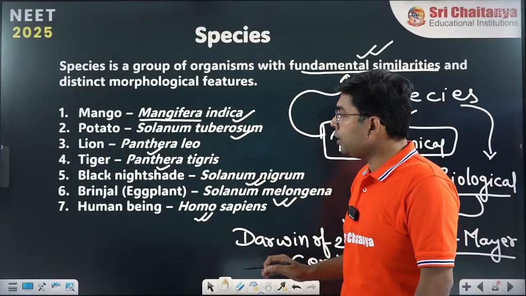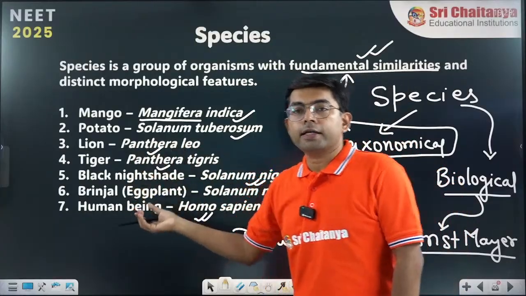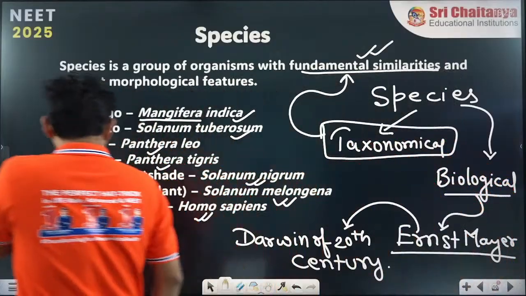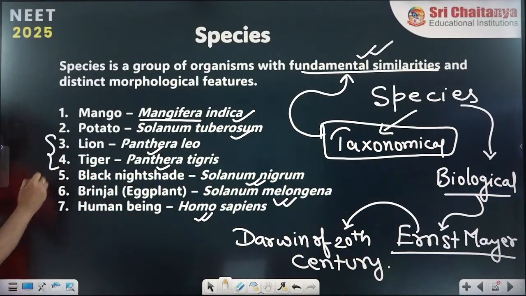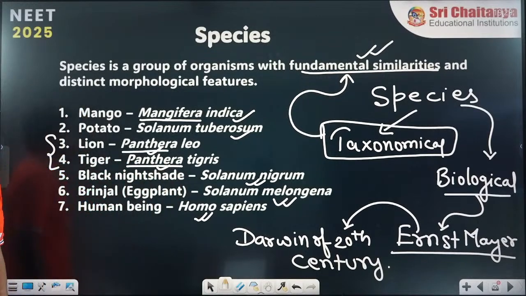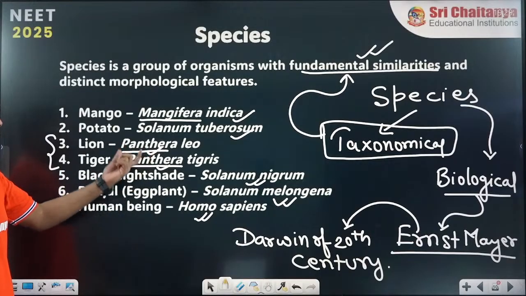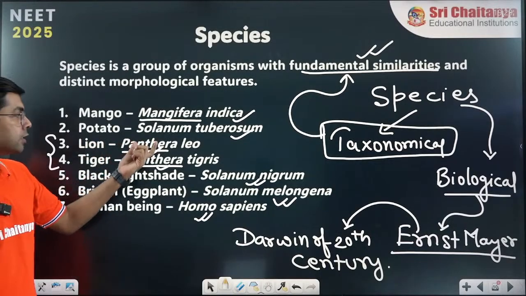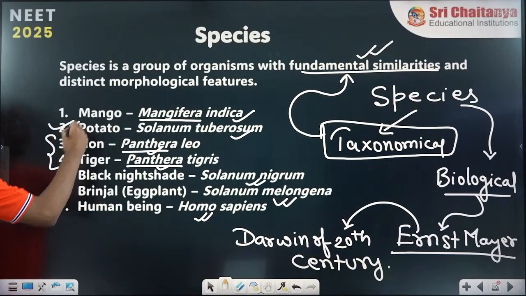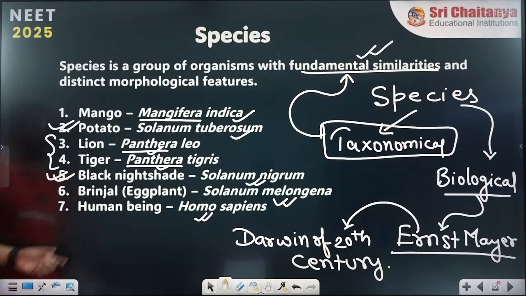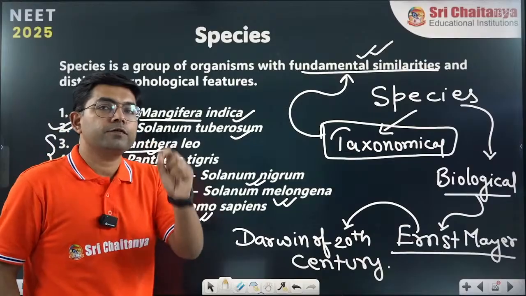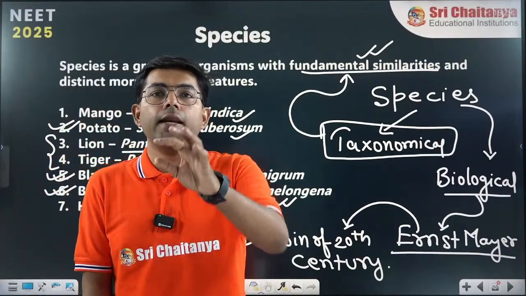So which organisms are present in the same genus? Lion and tiger are part of the same genus, Panthera. True or false? Yes. Then potato, black nightshade and brinjal, these three are part of the same genus, that is Solanum.